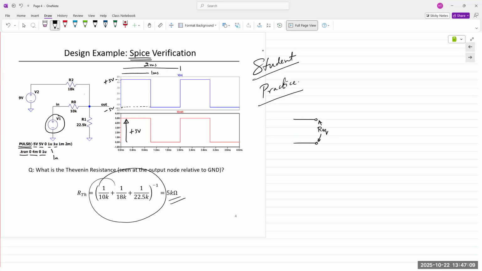Which we already knew because we had 10K and 10K in parallel. So 10K and 10K in parallel would give us 5 kilo ohms. And that's the total Thevenin resistance of that circuit.